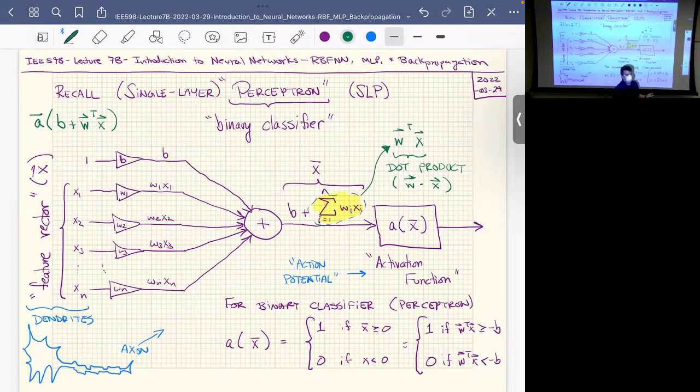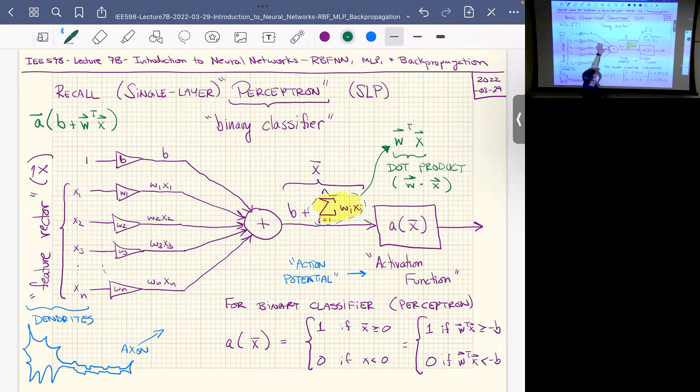So internal to the computer, it's just a little vector multiplication and an addition. If we generalize the feature vector to include a 1, then the weights include the bias term, and it's just an activation function acting on a dot product.